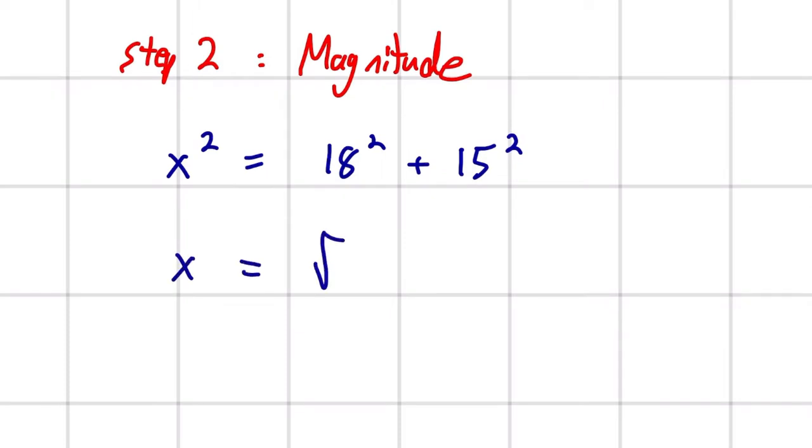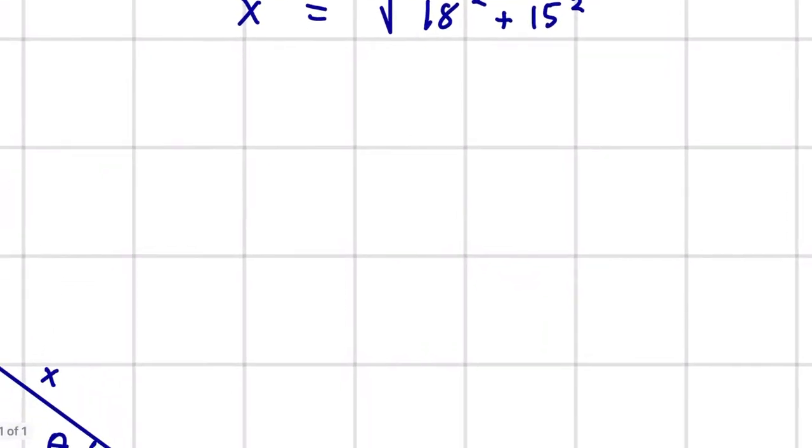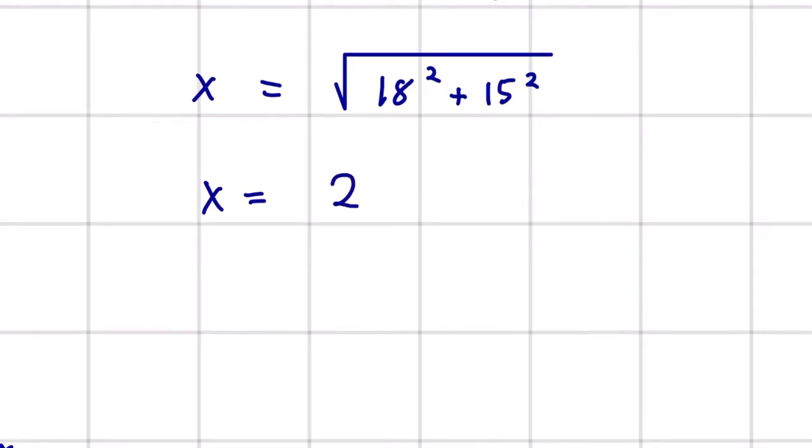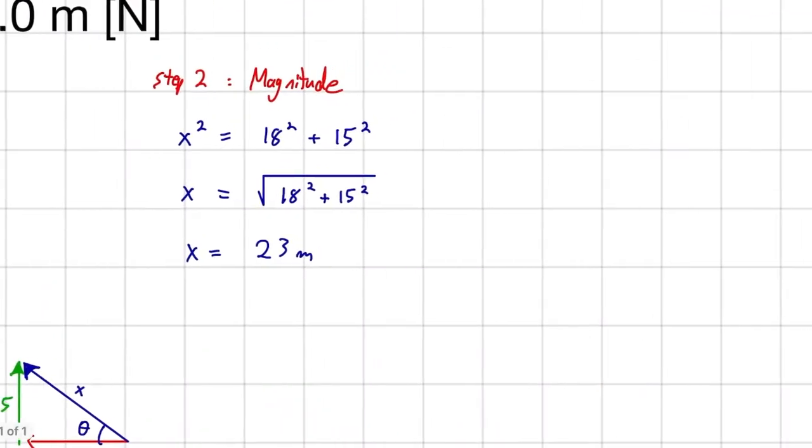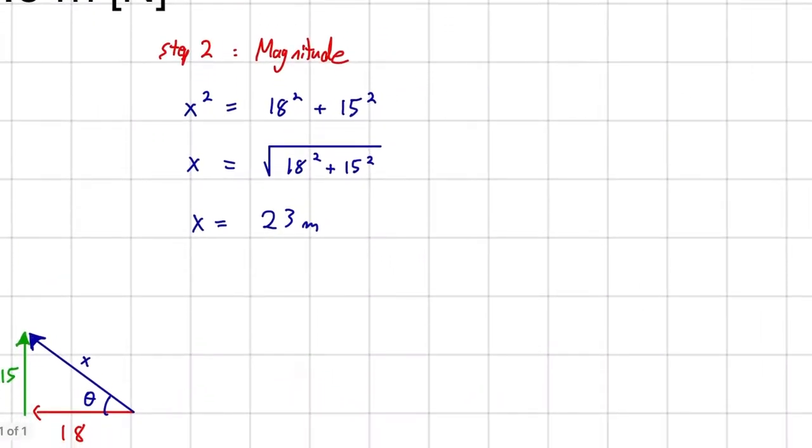So that means x is equal to the square root of 18 squared plus 15 squared. And when we type that into our calculator, I encourage you to do this with me, we get a value of 23 meters. So that is our magnitude.